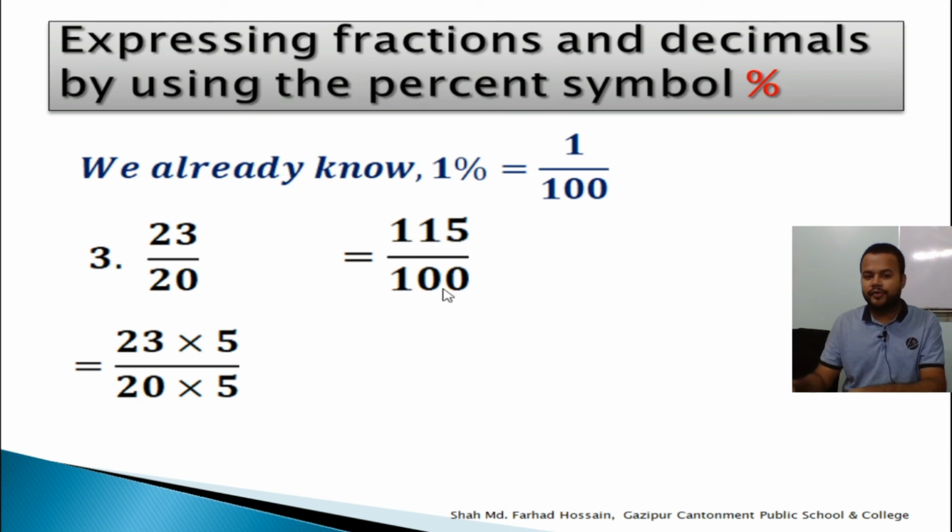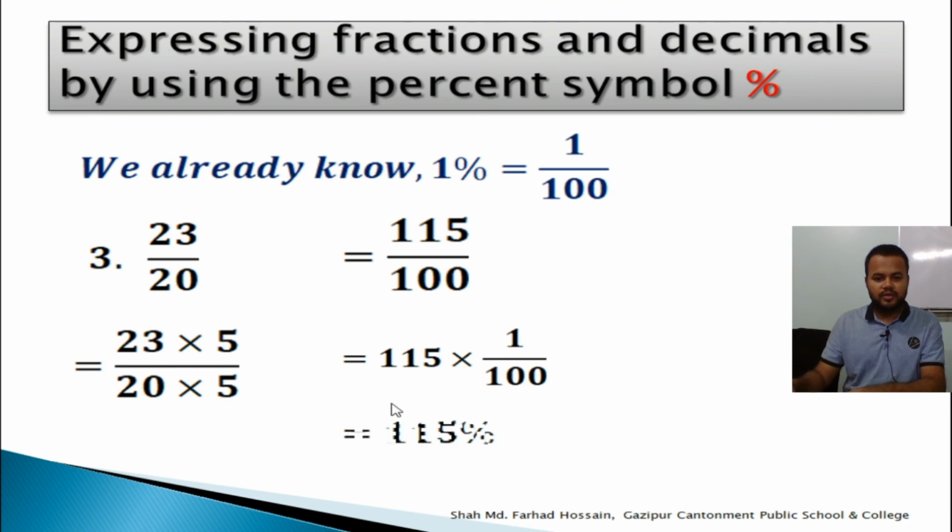So we have 115 by 100. Now if we rewrite this fraction, we have 115 into 1 by 100. This fraction, 1 by 100, equals 1%. We already know that 1% equals 1 by 100. So we can write that it equals 115%.